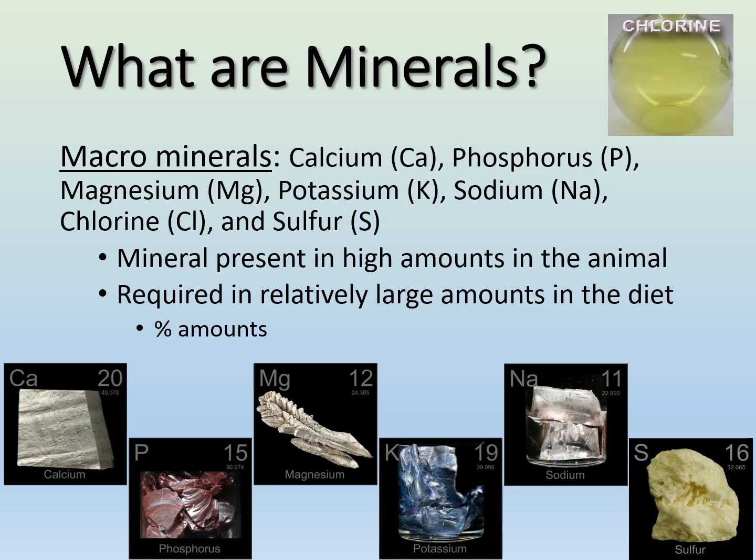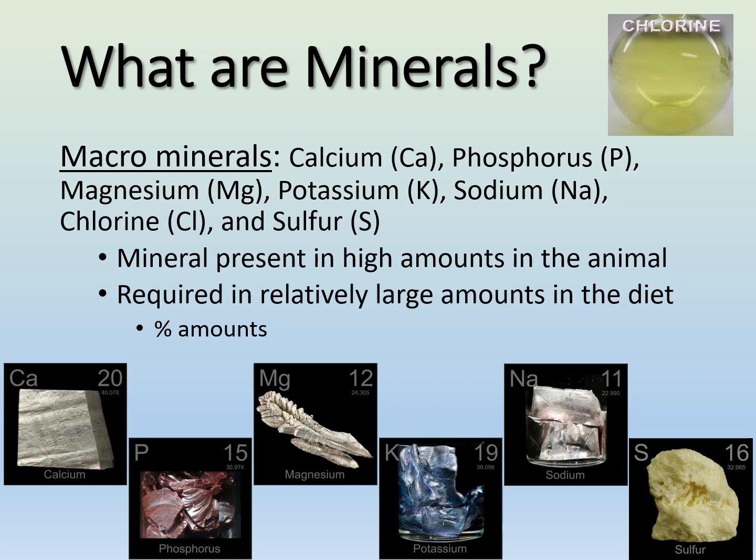Most of these are metals. Chlorine is a gas, the only one that's a gas. They are present in high amounts in the animal, or in us as well, and they are required in relatively large amounts in the diet, so we can refer to them as a percent amount. So we need quite a bit of them.